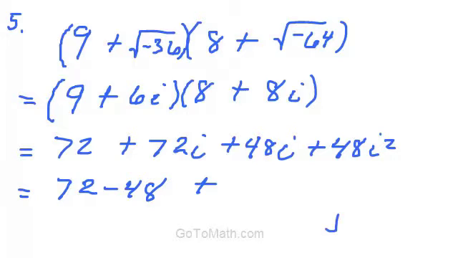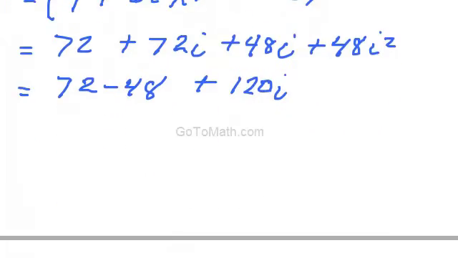Yep. Okay, so we have 120i. 72 minus 48 is, excuse me, 24.